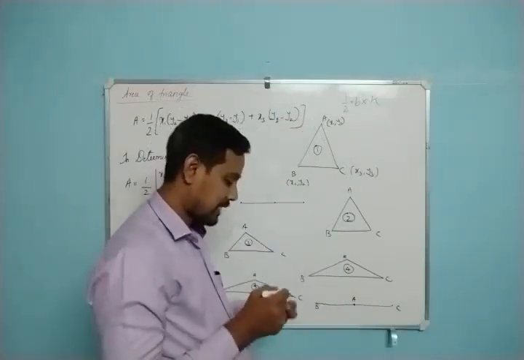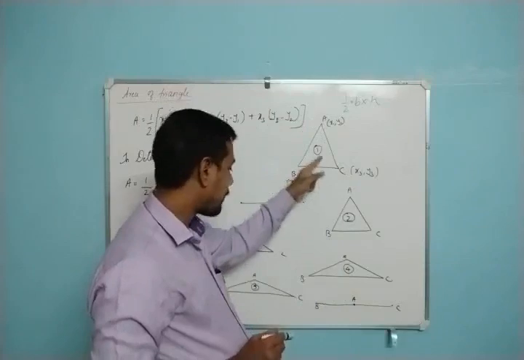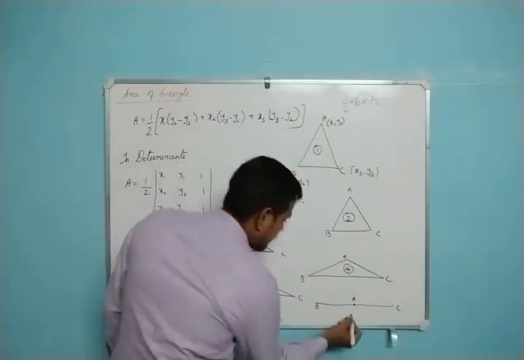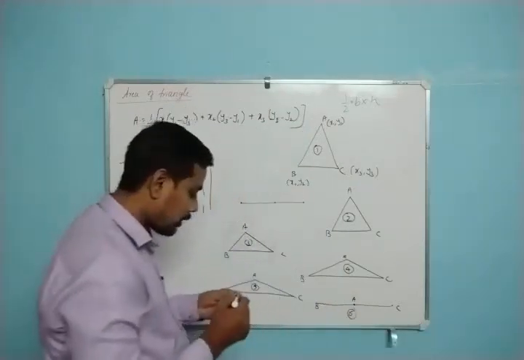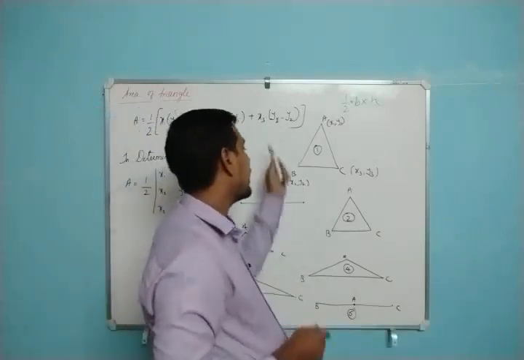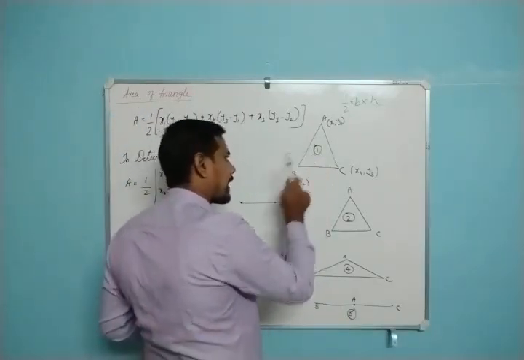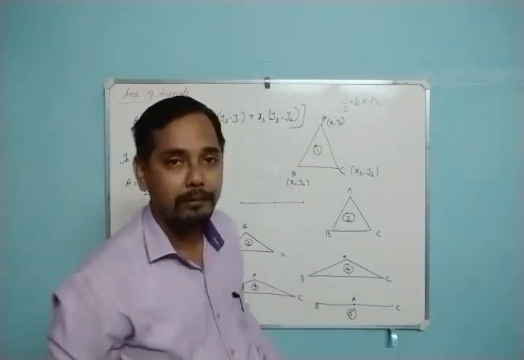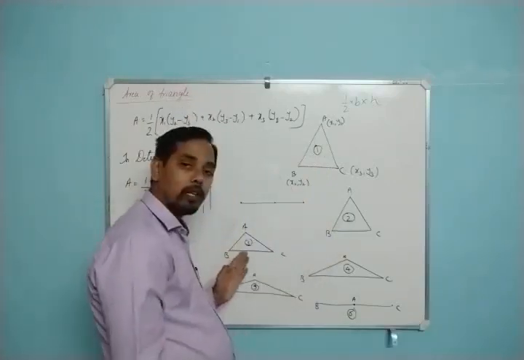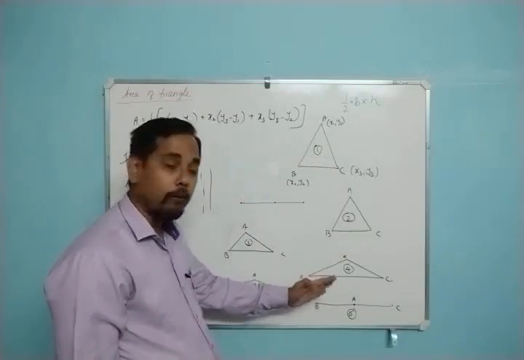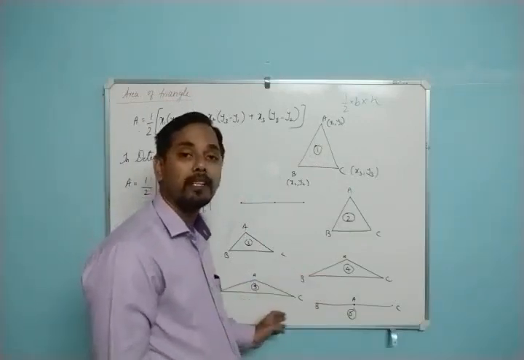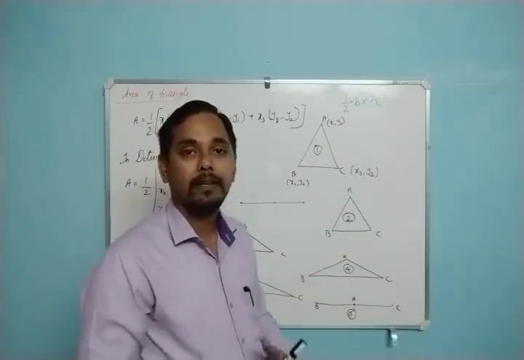Now compare all these figures. This is the sixth one. Compare all the values of A, B and C. So the first triangle is bigger compared to the second one. Second is bigger compared to the third one. Third one is bigger than fourth. Fourth is bigger than fifth, and fifth one is comparatively bigger than sixth. Right?